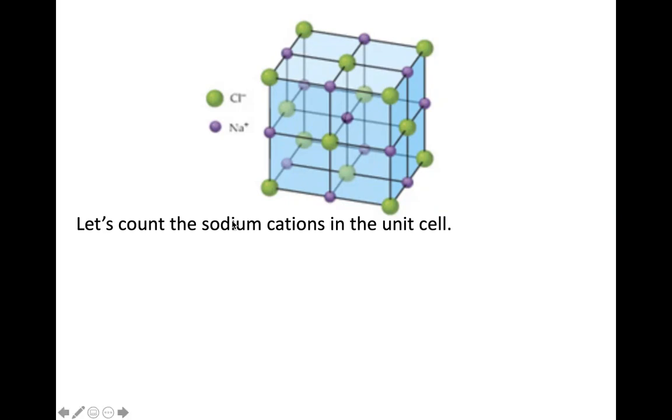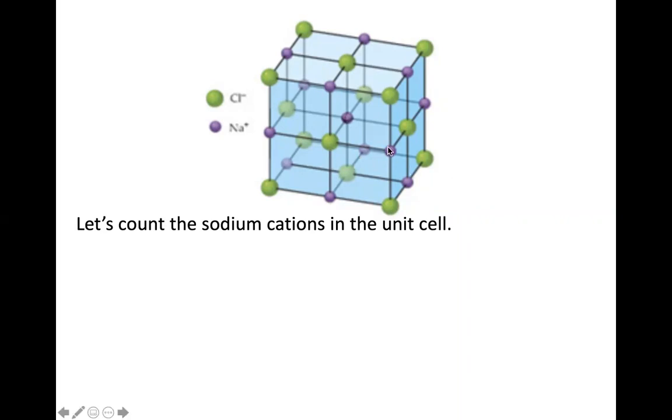Let's count the sodium atoms first. So in this picture right here, the sodium ones are being shown as purple. I see 4 sodium at the top, 1, 2, 3, 4, 5 sodium in that center region, and then 4 at the bottom. I also see a combination of where they're found. I see 1 right in the very center that's entirely within the unit cell.